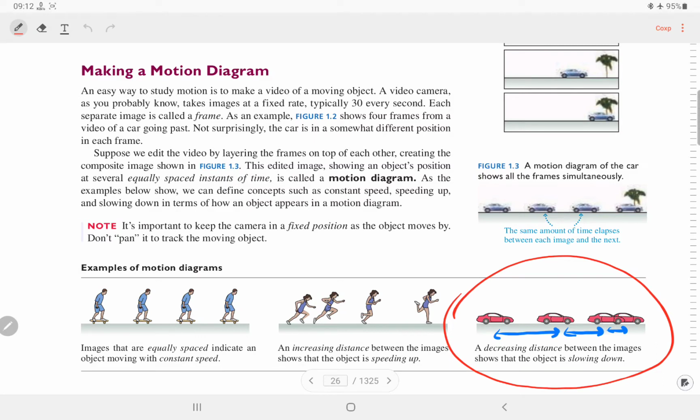We can say this car is slowing down. Velocity is decreasing. It means after some time it will stop. Velocity will become 0. Or we say deceleration. When speed or velocity decreases, we call it in English deceleration.